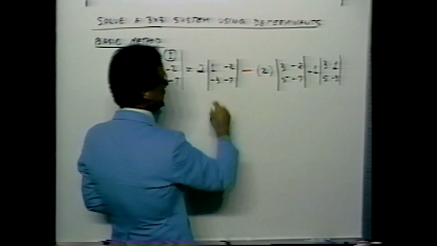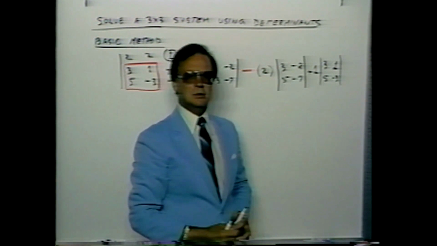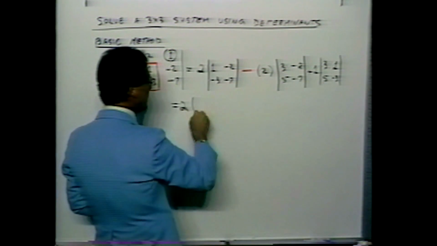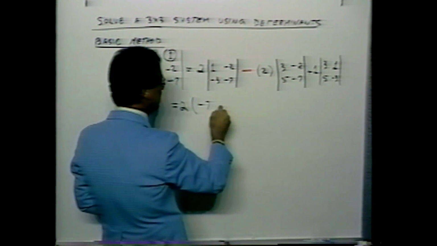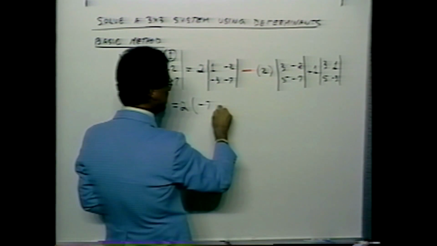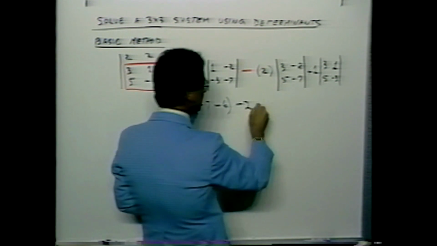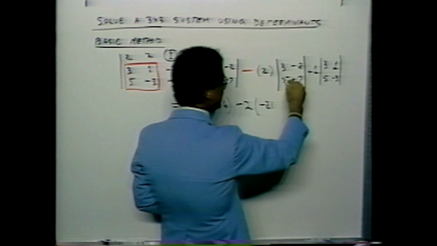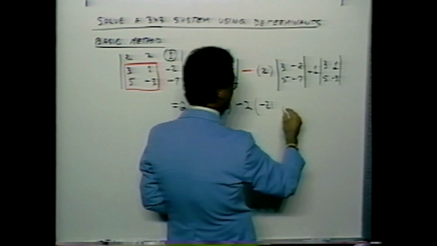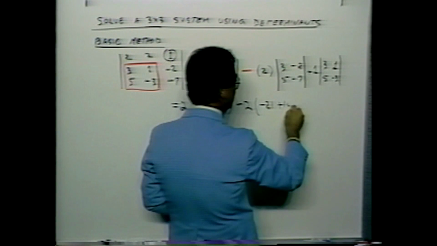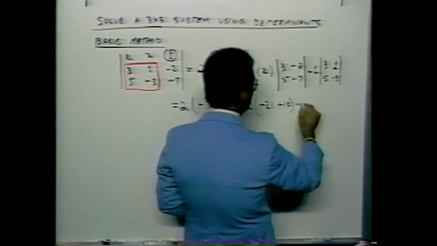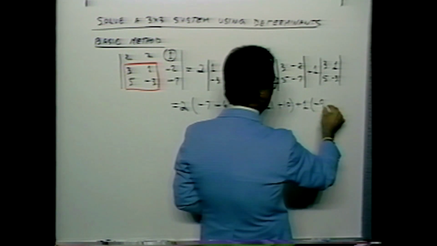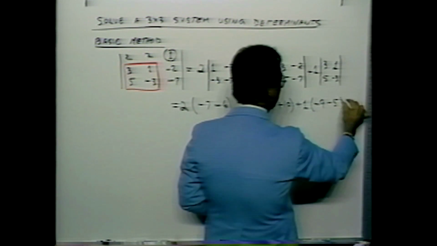Well, each of these 2 by 2 determinants, we write 2 multiplied by negative 7 subtract positive 6, followed by negative 2 multiplied by negative 21 subtract negative 10. Subtract negative 10 can be replaced by positive 10. And finally, plus 1 multiplied by negative 9 subtract 5.